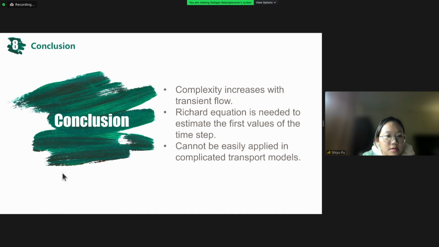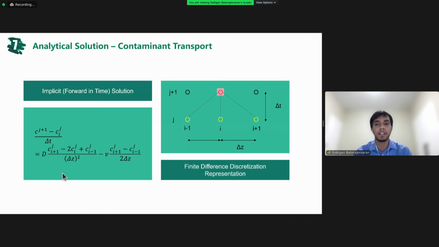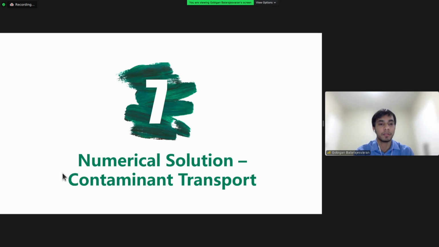You mean the theta? It will be changing the average pore water velocity for the contaminant part. So yes, it will change this value.